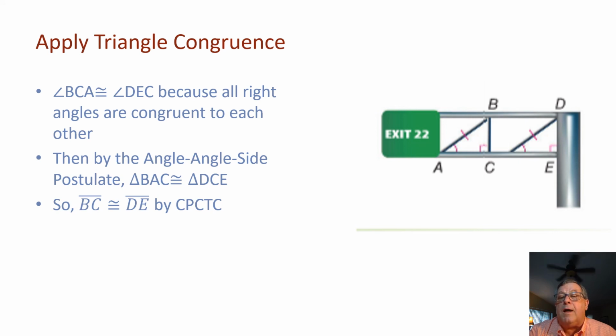So if I've got two angles and a side, angle, angle, side, and I know that they're all congruent, then the remaining side and, in fact, the remaining angle must also be congruent, by congruent parts of congruent triangles are congruent. CPCTC. How about that?